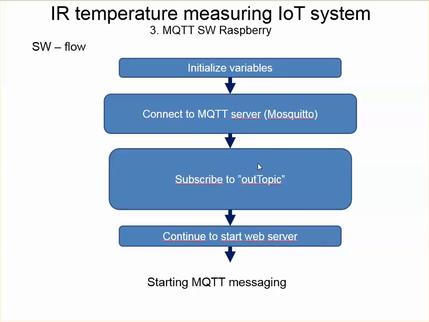This means that we are starting to listen to the Arduino's messages, which are on this out topic. The channel name is out topic, and those channels carry temperature and voltages.